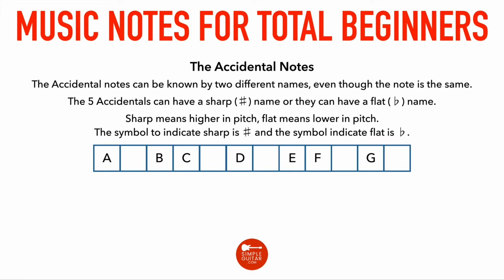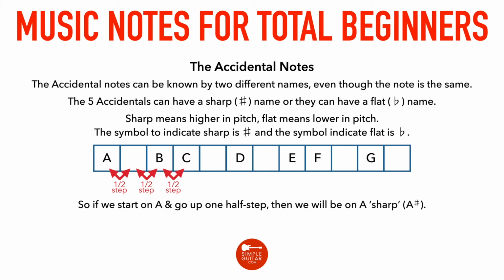So for example, here's our 12 boxes that represent the 12 notes of music, and our natural notes are in there. And remember, each one of these boxes is a 1/2 step away from each other, okay? That's important. So if we start on A, to get to B, we have to go 2 1/2 steps, okay? But if I start on A and I just go up 1/2 step, then the note that we're going to be on, we're going to call A sharp, because I'm on A and I went higher, which is sharp, okay?